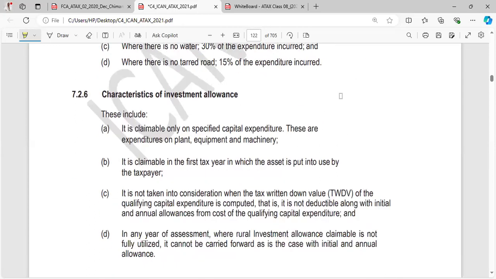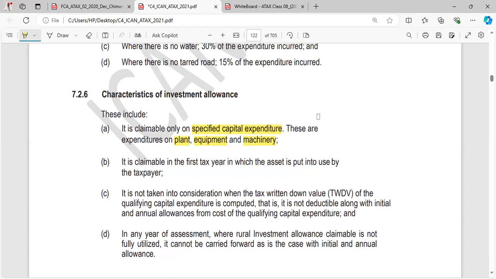There are characteristics of investment allowance. One, it is claimable only on specified capital expenditure, and this is going to be plant, equipment, and machinery. So these three keywords: anytime you see a question telling you plant alone, or equipment alone, or machinery alone, you use them.